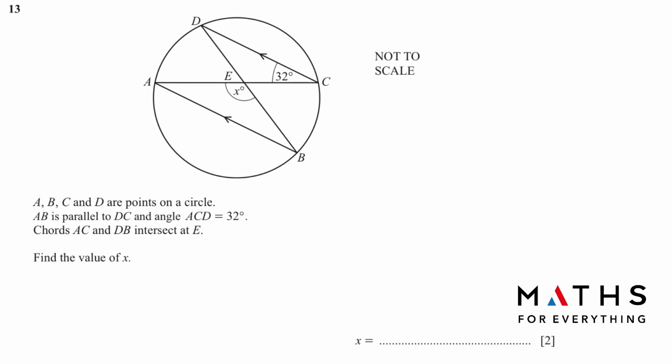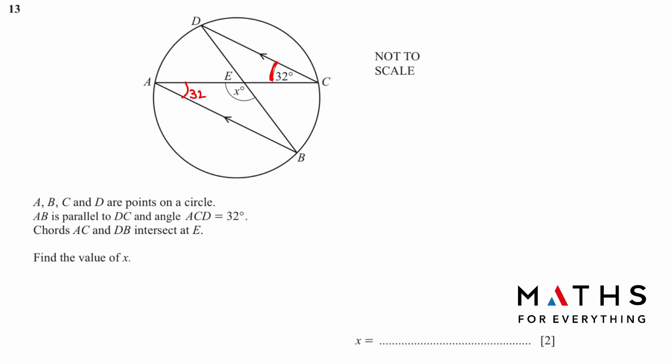Because the lines are parallel, the angle DCE is going to equal the angle CAB. This is going to be 32 because if two lines are parallel, the alternate interior angles are equal.